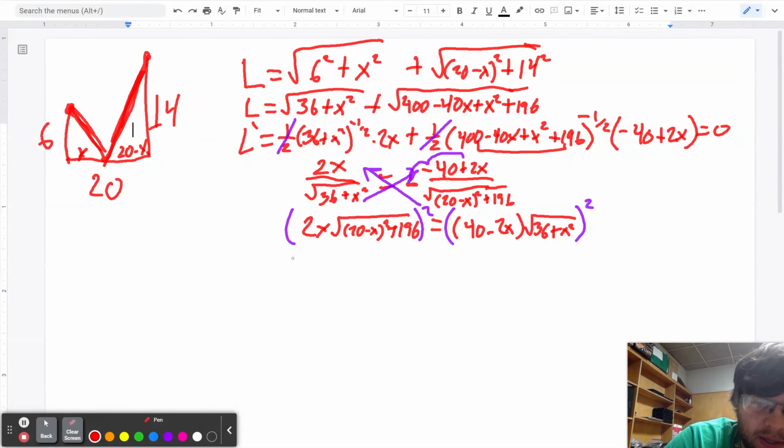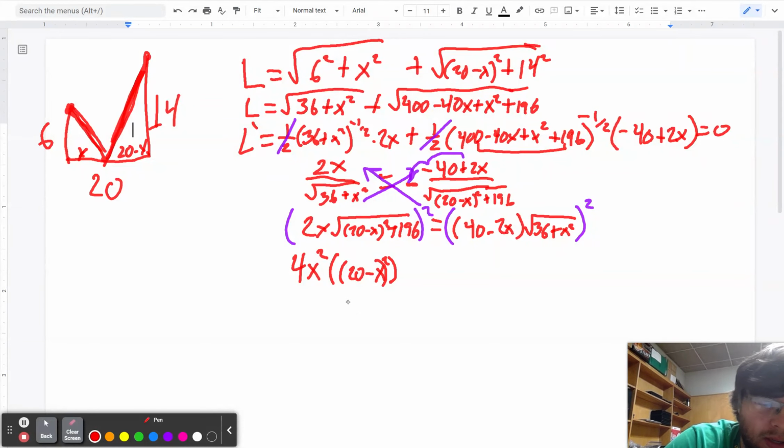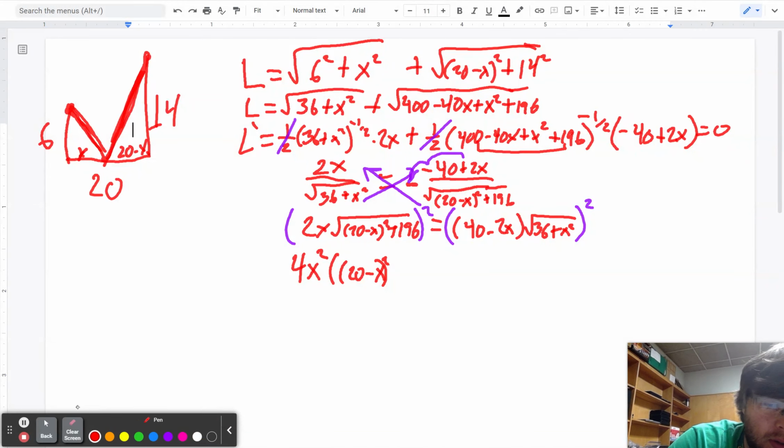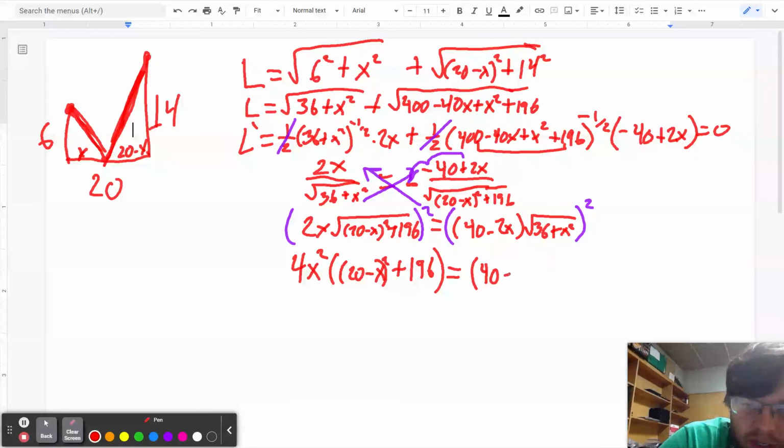So here I get 4x squared times 20 minus x squared, plus 196. And over here, I have 40 minus 2x squared times 36 plus x squared.